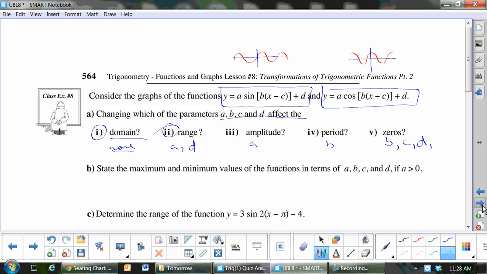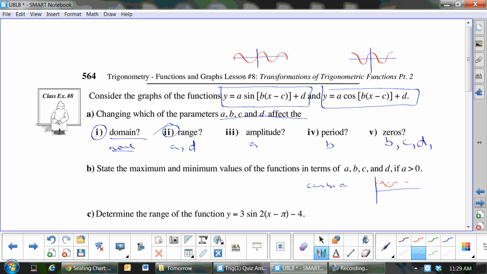Okay, so I've got a bit of a disclaimer. It can be A. The reason being is, say they told you to do A, because they can tell you to do it out of order. What if they told you to move it up, say, 3 units, right?